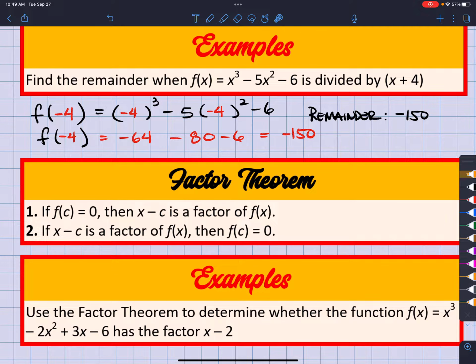That's what the remainder would be if I was to divide these two in long division. And remember, when we did long division, we said this is over that x plus 4. However, this is talking about something totally different.